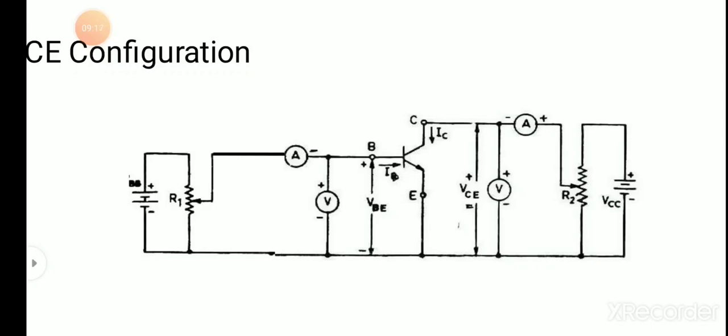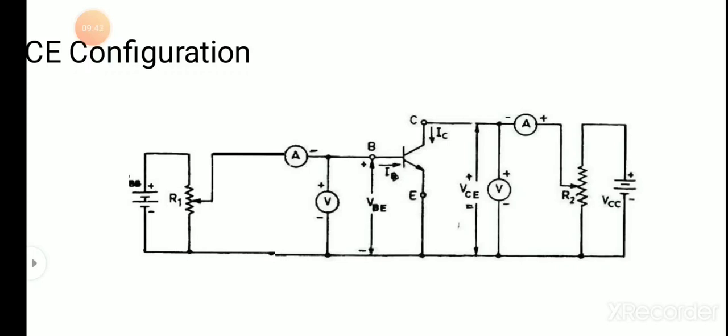To understand the input characteristics, we apply the VBE voltage and measure VBE and IB in different steps, one after another, keeping one output parameter constant. That parameter is VCE.